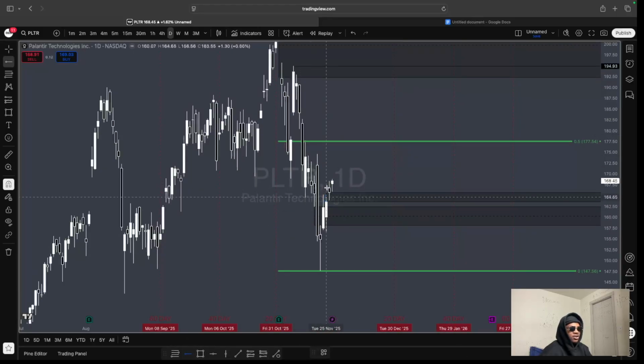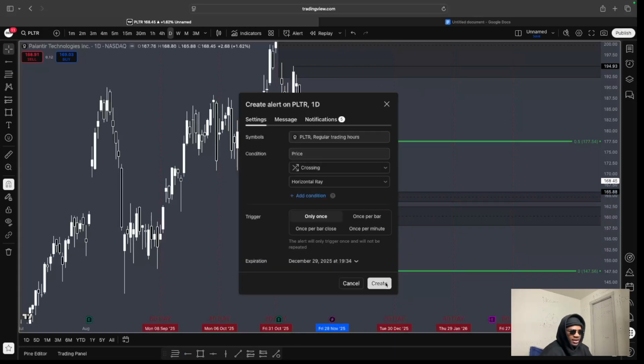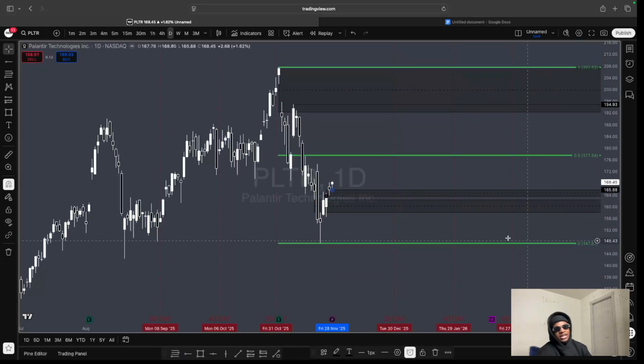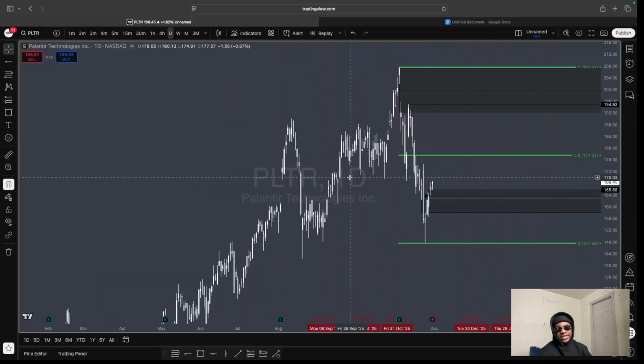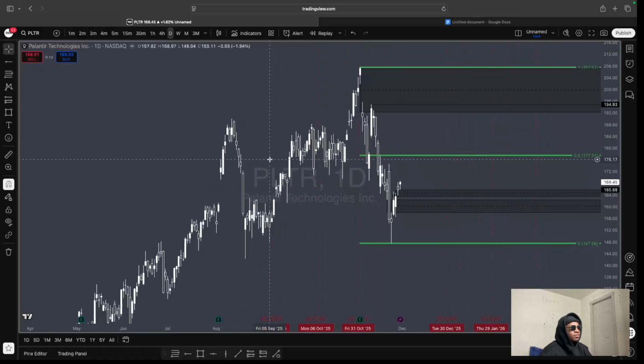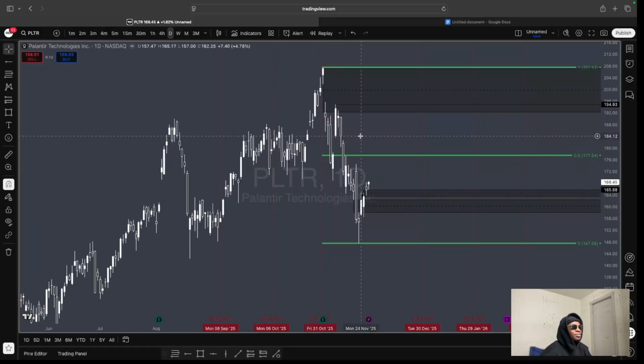I definitely want to see it go up to that 194.93. I'm gonna set an alert and I might be on live. You guys tune into my live, because if it comes down to that during this week of trading, I want to definitely get into Palantir calls. Maybe hop in some LEAPS. But that's really what I'm rocking with for Palantir.